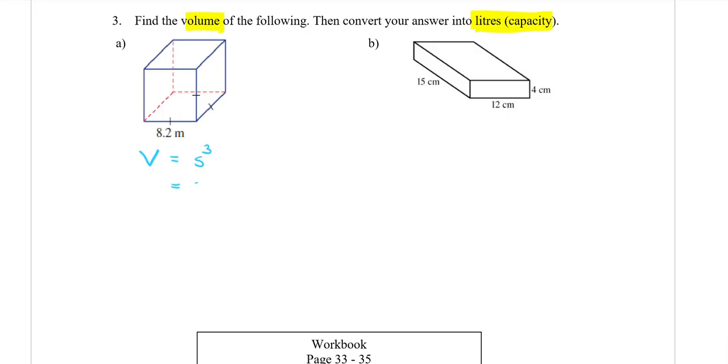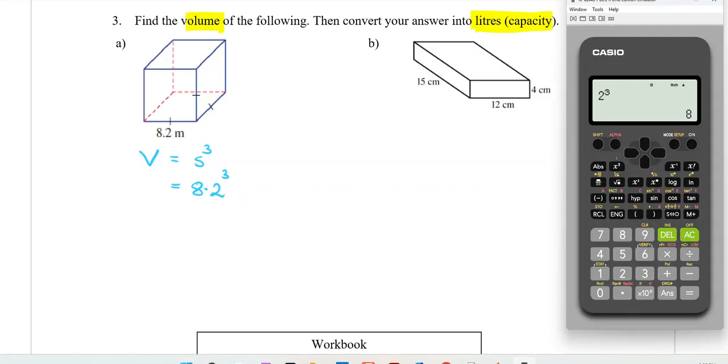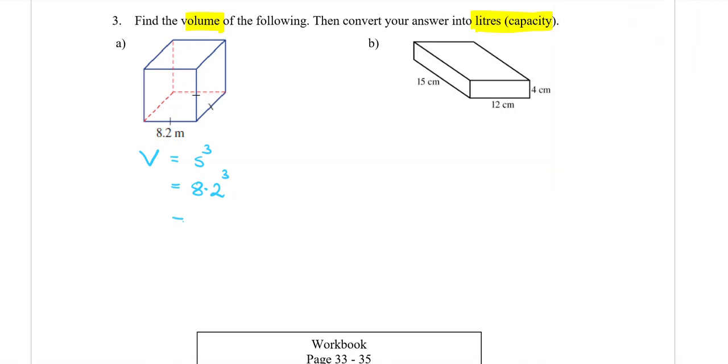The side length is 8.2, so it'll be 8.2 to the power of 3, which we type in. 8.2 to the power of 3 is 551.368. Okay, that will be in meters cubed.